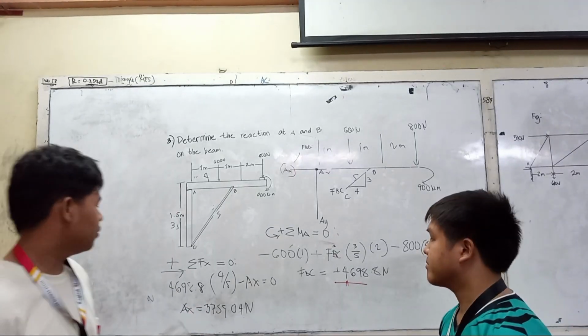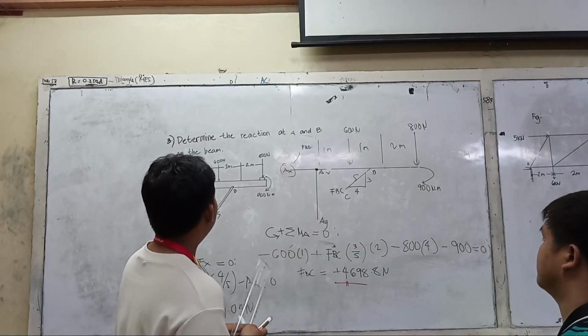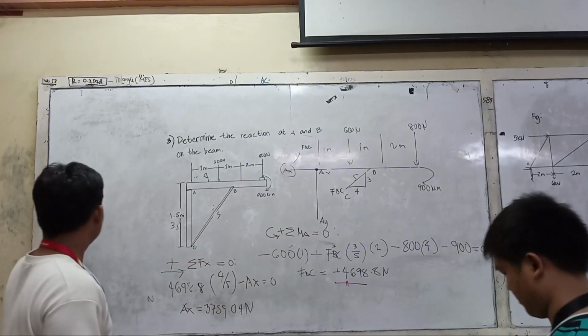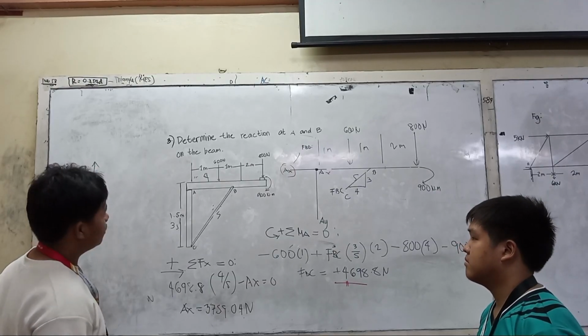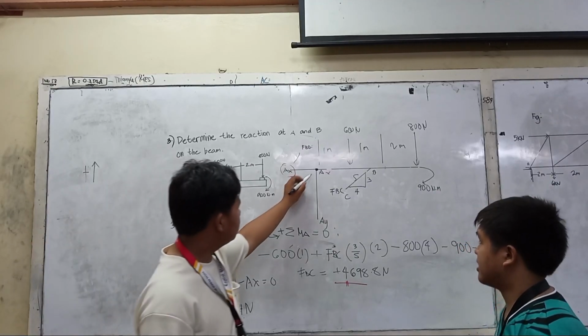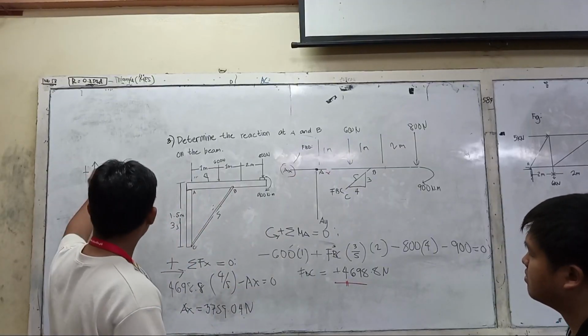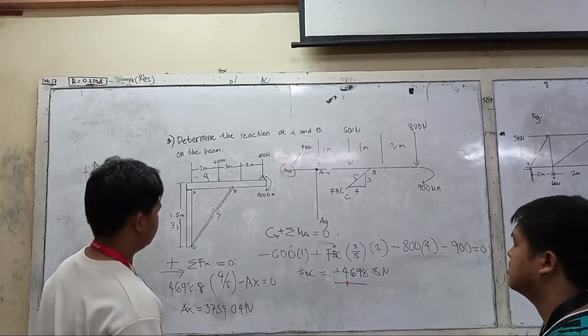So when we need to find the AY right now, it's this direction of B. AY is positive to the up because of the y-axis. And then summation of Fy equals 0.